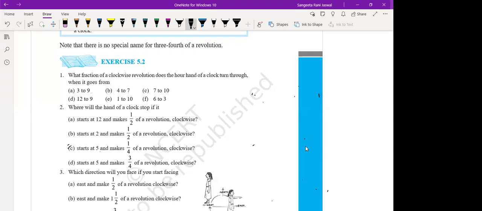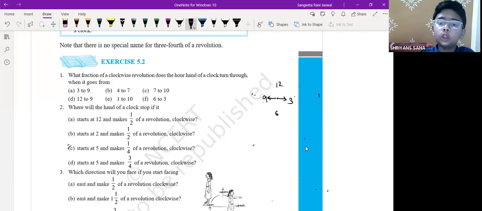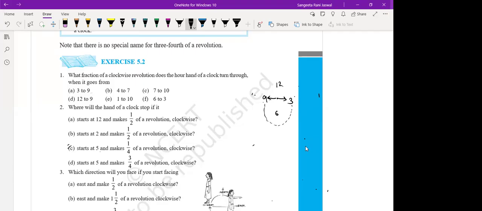From 3 to 9. See, your clock is like this. This is 3. From 3 to 9, it moved from here to here. It's saying clockwise direction. Clockwise means moving in the direction of a clock. How do the needles of the clock move? Like this.